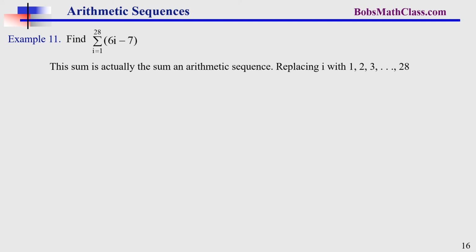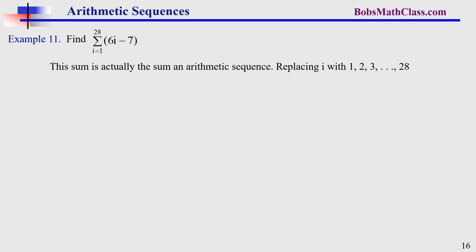Start with 1. 6 times 1 is 6. 6 minus 7 is negative 1. So negative 1 is the first term. Then plug in i equals 2. 6 times 2 is 12. 12 minus 7 is 5. That's the second term. Then plug in 3. 6 times 3 is 18. 18 minus 7 is 11.